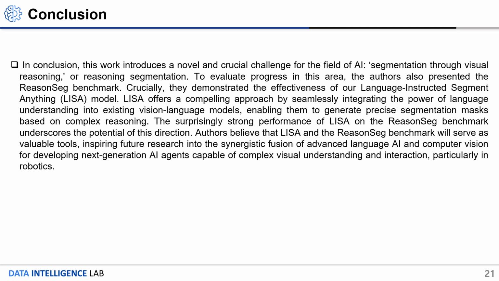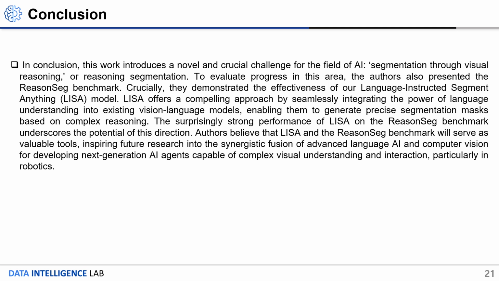To evaluate progress in this area, the authors also presented the ReasonSeg benchmark. Crucially, they demonstrated the effectiveness of the Language Instructed Segment Anything model, LISA. LISA offers a compelling approach by seamlessly integrating the power of language understanding into existing vision language models, enabling them to generate precise segmentation masks based on complex reasoning.